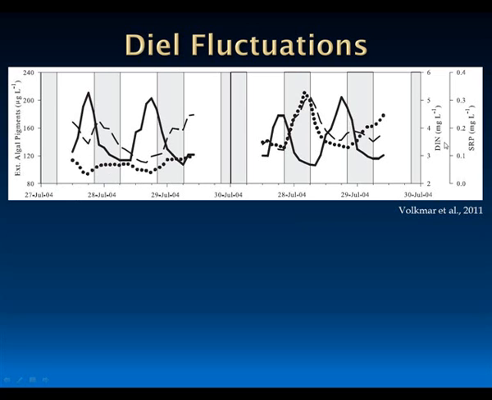And then on the secondary axis, we've got dissolved inorganic nitrogen and soluble reactive phosphorus. And so the solid line is the algal pigments, and the dashed line is dissolved inorganic nitrogen, and the dotted line is the phosphorus.